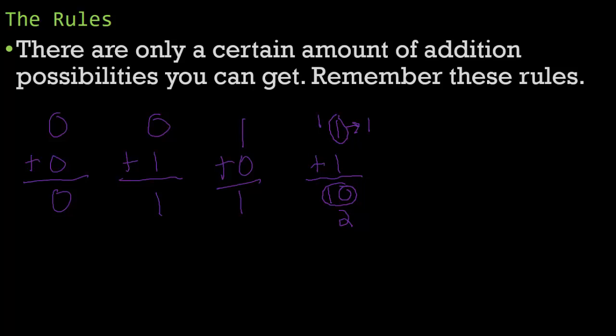The third possibility you can get is 1 plus 1, and then with a carry of 1 from a previous column. So you can have 3 ones here. 1 plus 1 plus 1. Well, that is going to equal 1, and then I'm going to carry the 1 over and bring it down in the next column.